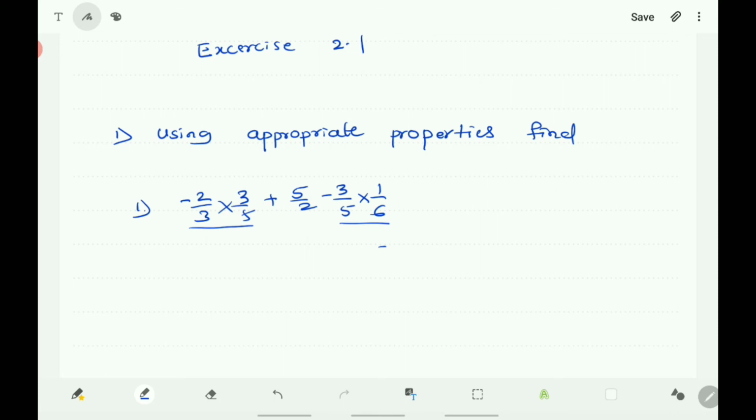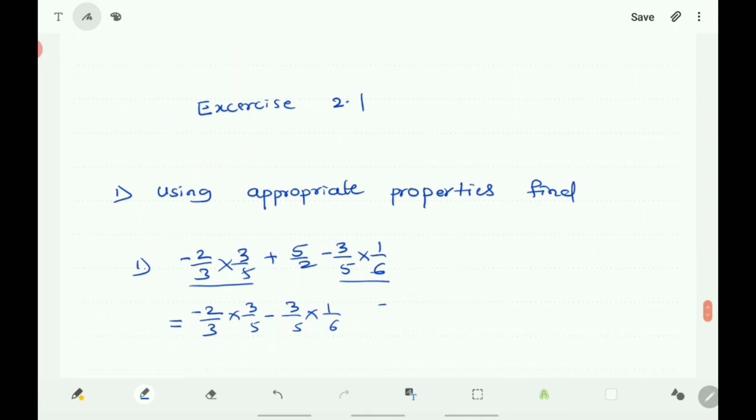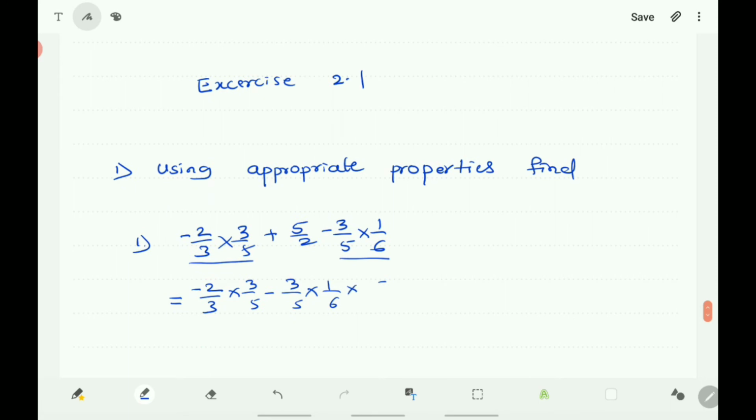So you bring them together, that is minus 2 by 3 into 3 by 5 minus 3 by 5 into 1 by 6 plus 5 by 2.